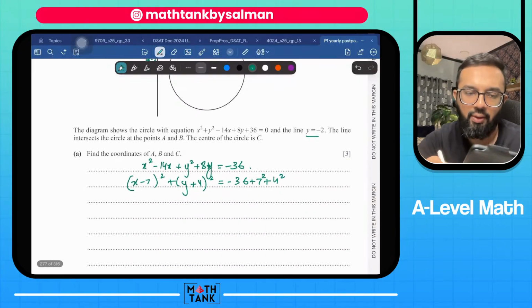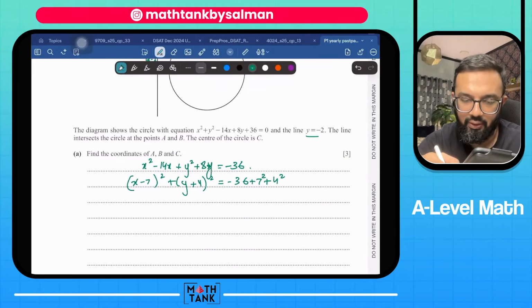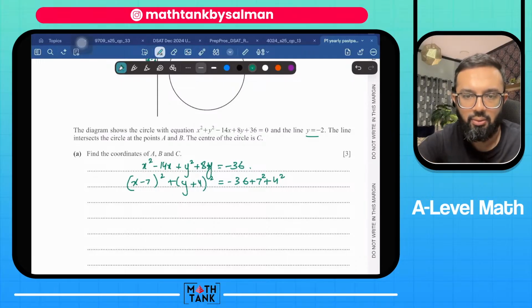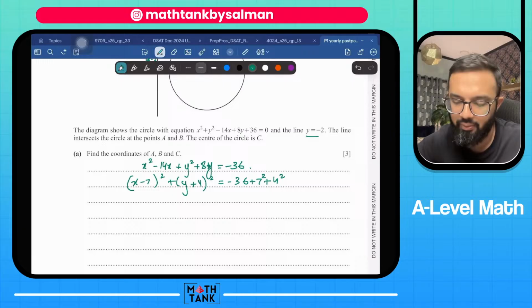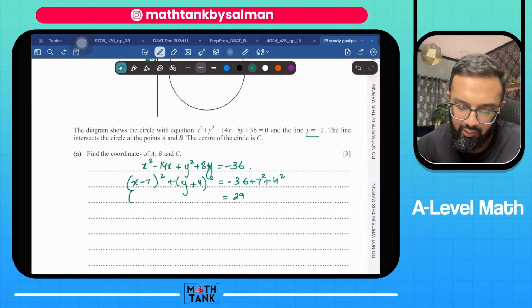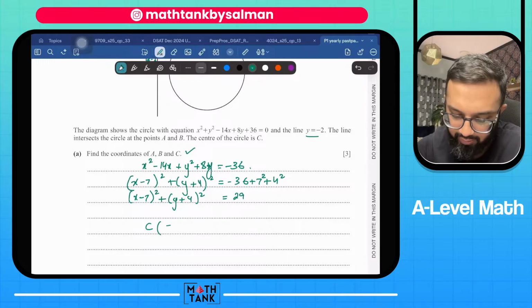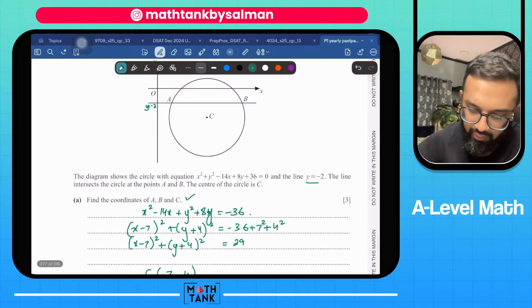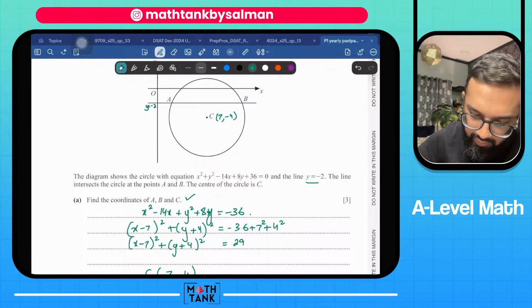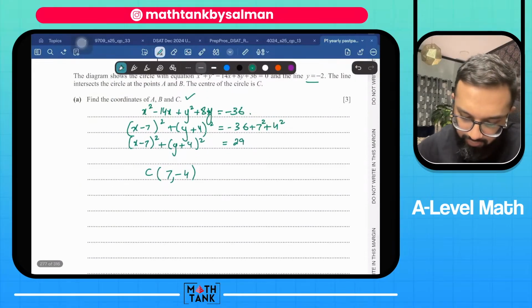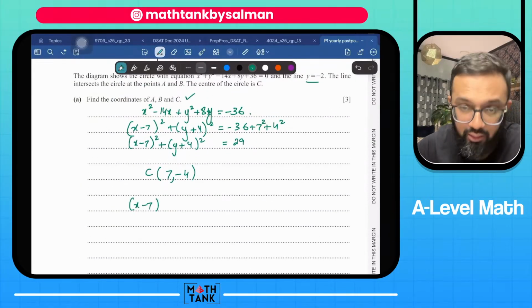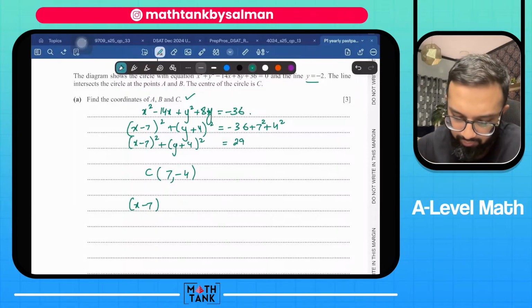So minus 36 plus 49 plus 16 is 29. So x minus 7 whole square and y plus 4 whole square equals 29. Okay, so I found the coordinates of C, that are 7 and minus 4. For A and B, I know that the y coordinates have to be minus 2. I'm going to take the equation that I made and put y as minus 2.